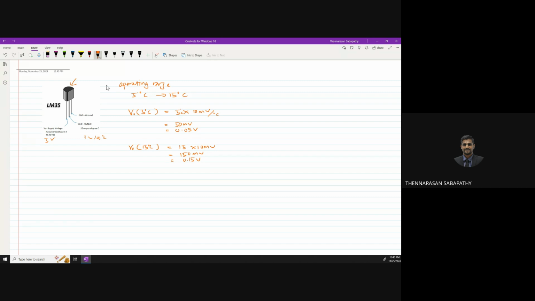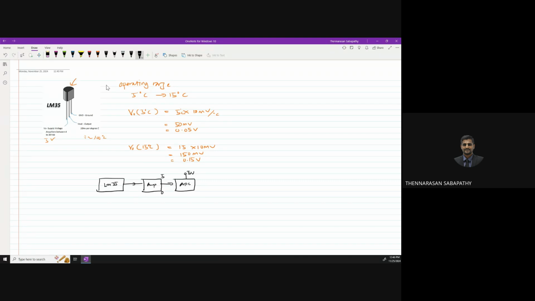Again, let's draw the block diagram for better understanding. You have your transducer, the LM35 here, then your signal conditioning amplifier, and then you have an ADC. Let's say the ADC reference voltage is 5, so the amplifier should give an output from 0 to 5 to fully utilize the ADC range.